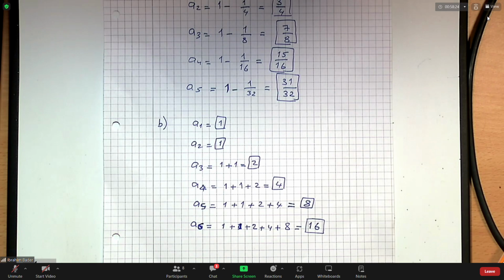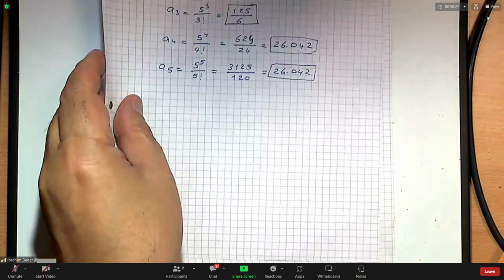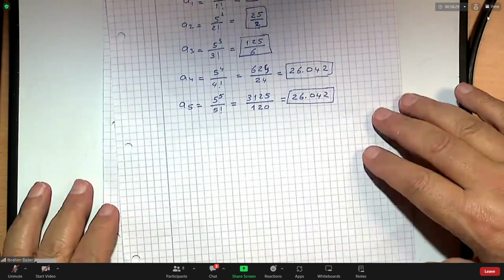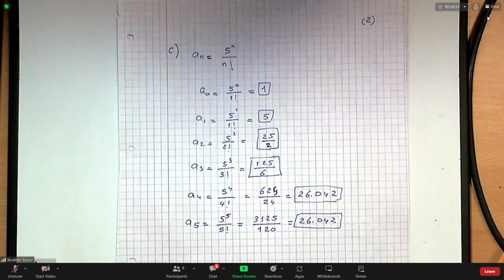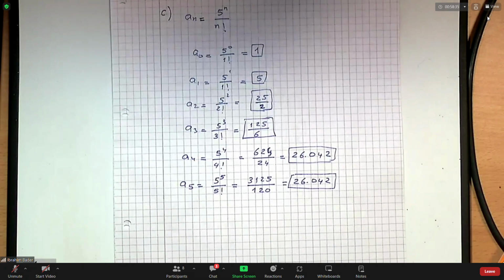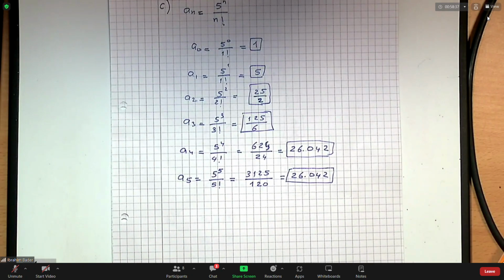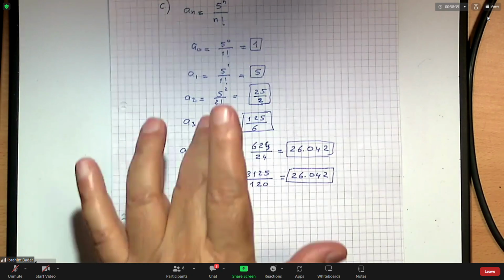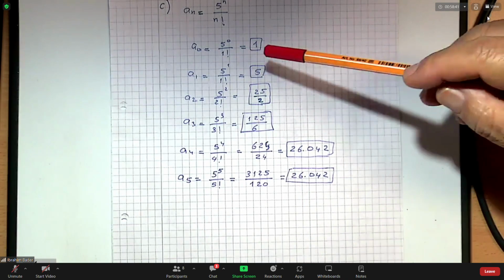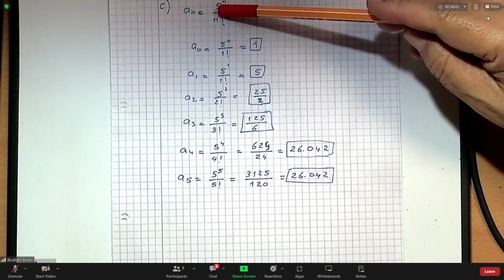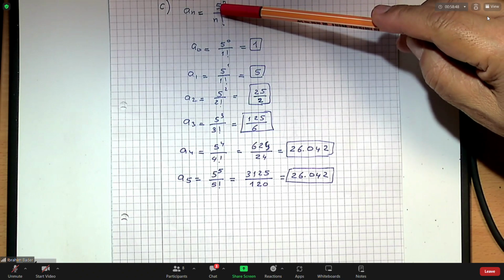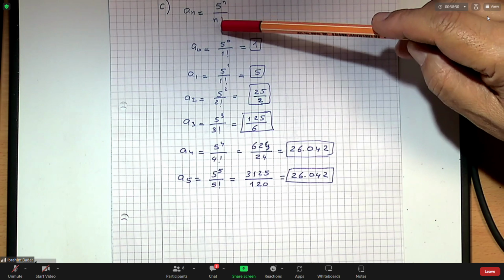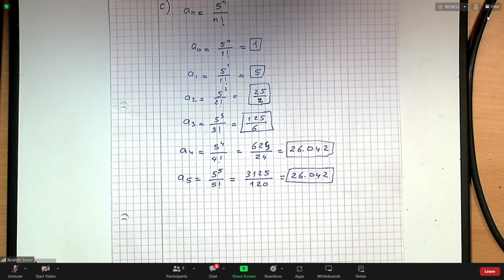Okay, now number C here is interesting. This type of sequences, we will talk about when we come back from the holidays, on increasing and decreasing sequences. If you consider such sequences, you see this number 5 is an exponential function, and in the denominator you have a factorial.